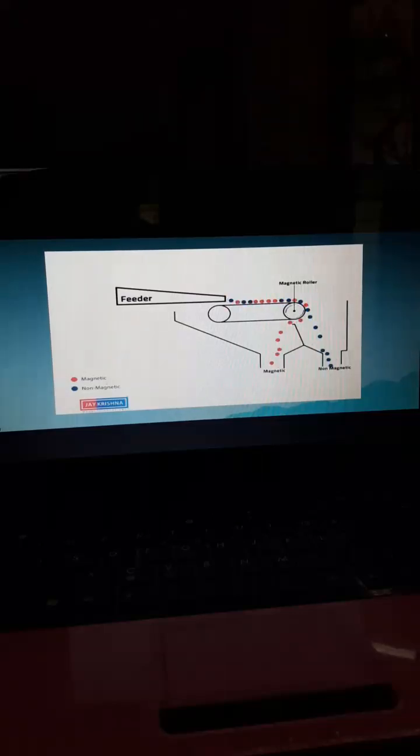Very interesting. In our textbook, rutile and chromite, like ferrous oxide and chromium oxide, and rutile, the ore of titanium, you can use this process. This is known as the magnetic separation process.